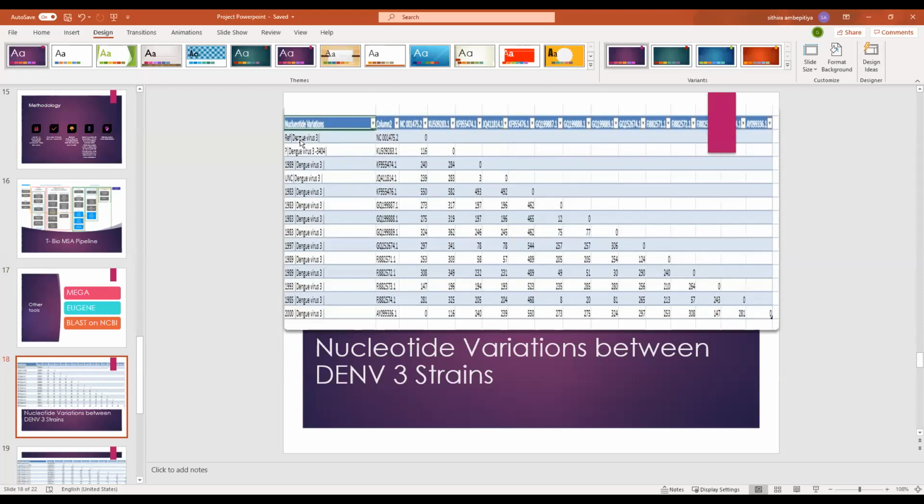So the top one is the reference genome, NC001472, which doesn't have a collection date, but it's most likely close to the year 2000. But what we wanted to do is use dengue 1983, which was a pre-epidemic strain, and compare it with the others, and you can see that most of them have high mutation rates compared with the 1983 reference.